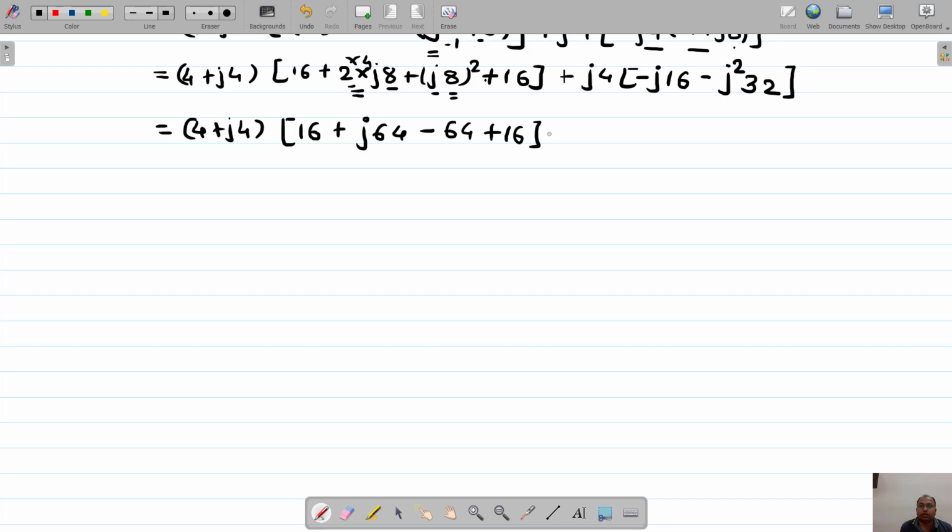Now let us do the multiplication inside this bracket. j4 into 16 is minus j square, 16 fours are 64. Minus j square now becomes minus 1, so this is going to become plus 32.